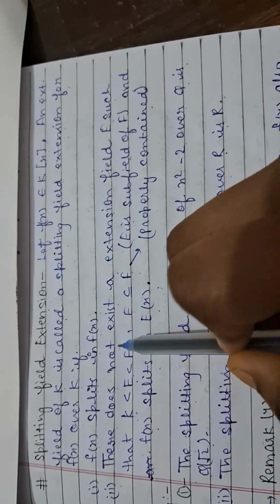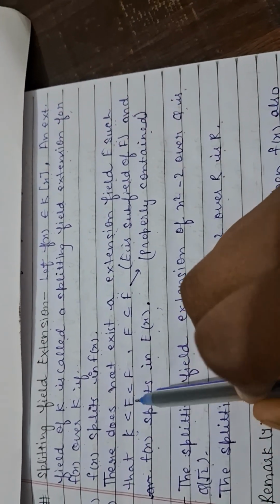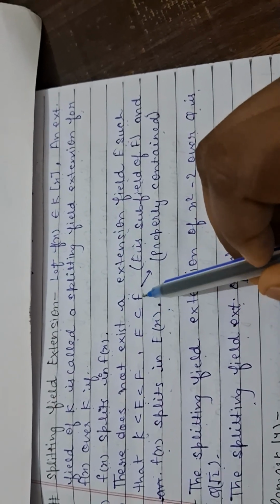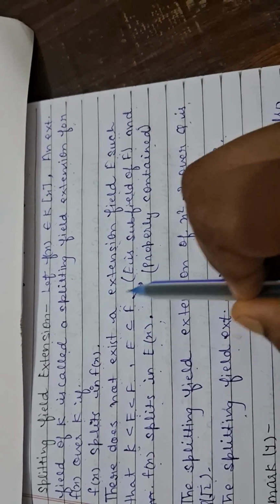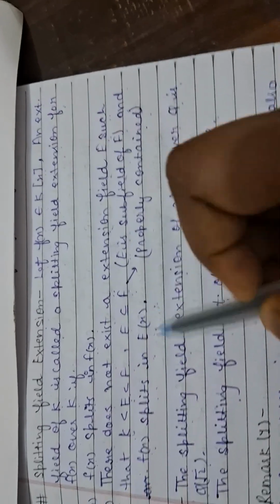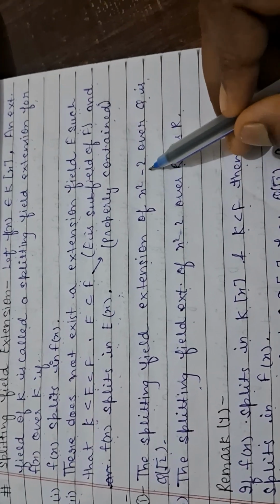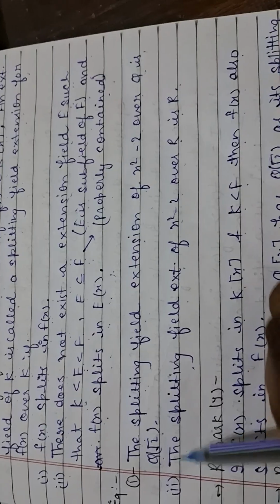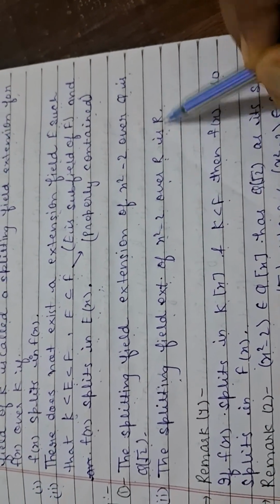Second, there does not exist an extension field E such that K is less than E is less than F, where E is a subfield of F and this is properly contained, and f(x) splits in E[x]. Example: the splitting field extension of x squared minus 2 over Q is Q(root 2). Second, the splitting field extension of x squared minus 2 over R is R.